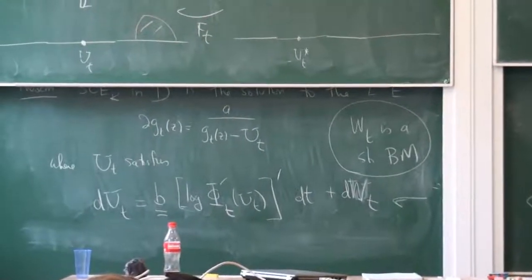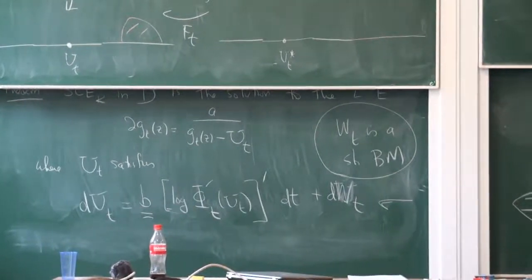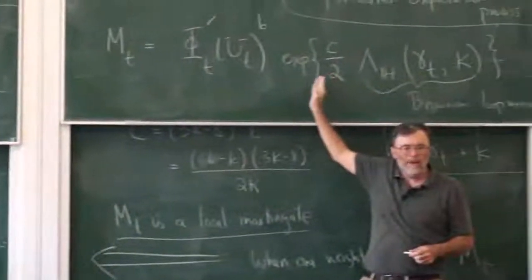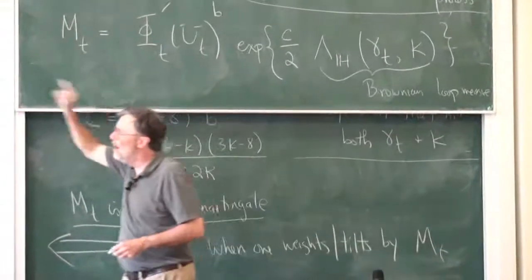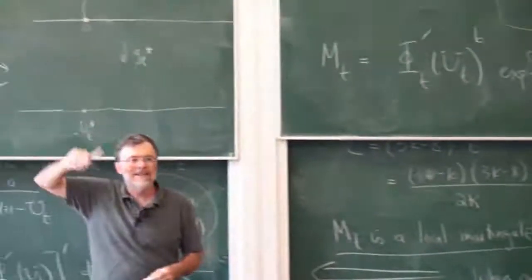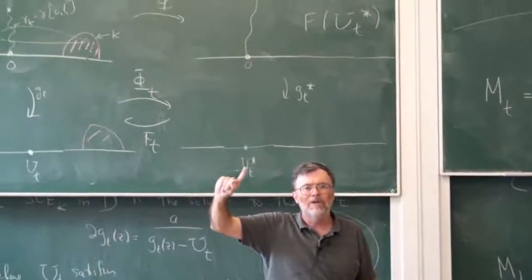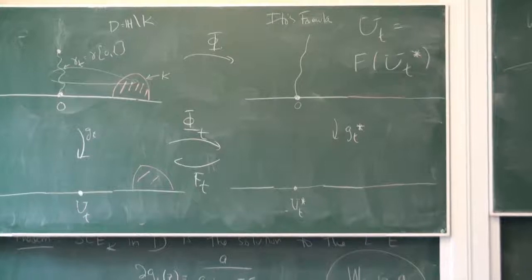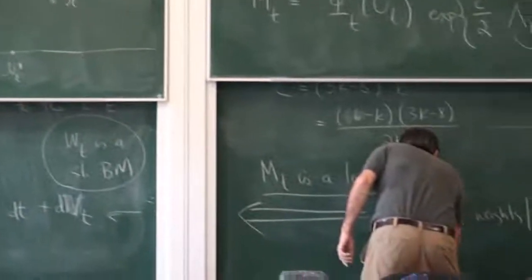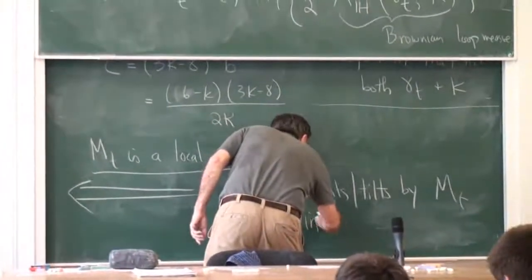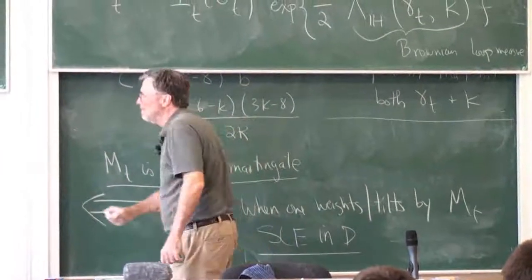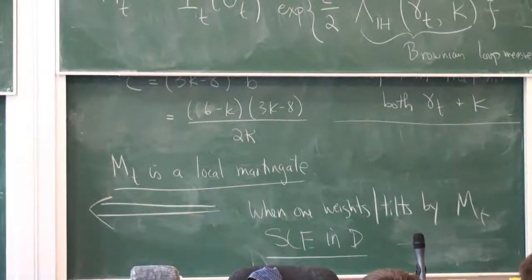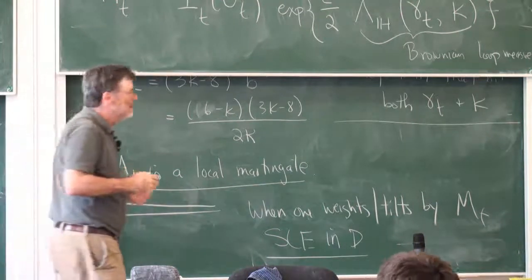Or in other words, if I start with this local martingale and weight by it, the weighted, tilted measure is exactly Brownian motion in the smaller domain. In other words, one gets SLE in the smaller domain. So there are three different ways, at least locally, to describe SLE in smaller domains.